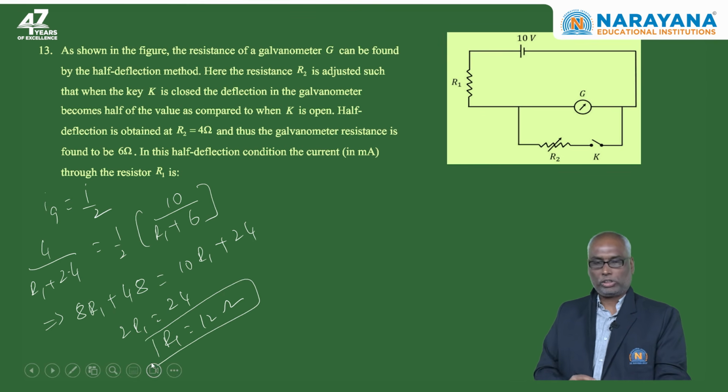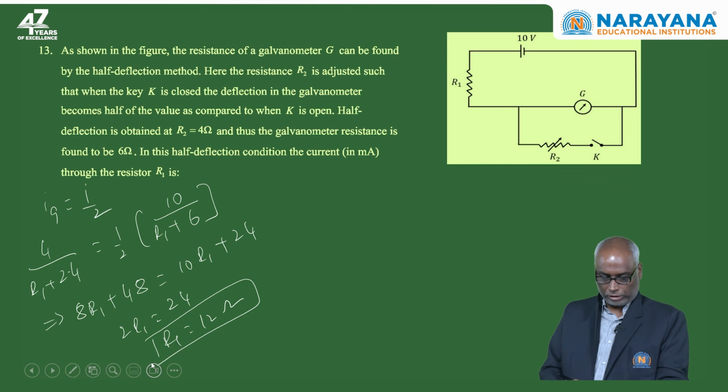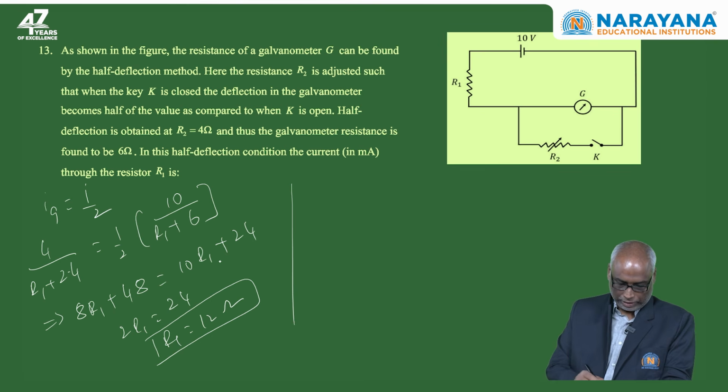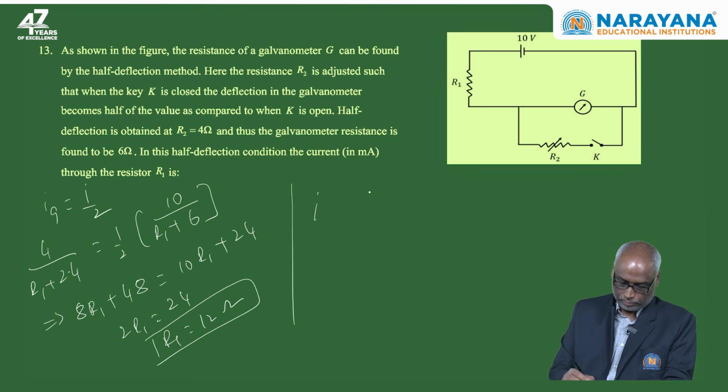We got a value of R1 as 12 ohms. Now, he says that thus the galvanometer resistance is found to be 6 ohms. In this half deflection condition, what is the current through R1? In half deflection condition, I have already calculated the formula: I dash is equal to 10 divided by R1 plus 2.4.